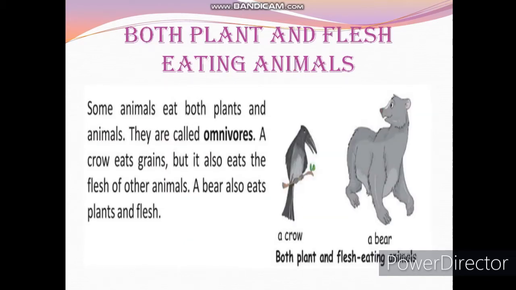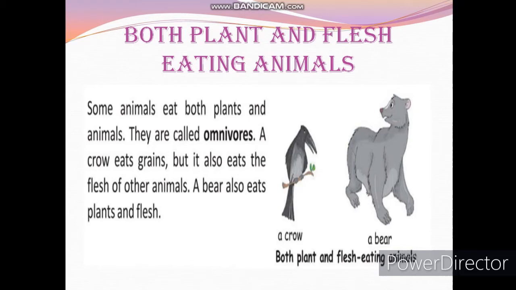Next, some animals eat both plants and animals. They are called omnivores. A crow eats grains, but it also eats the flesh of other animals. A bear also eats plants and flesh.